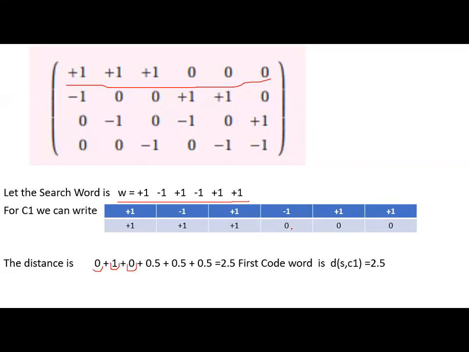Here one of the inputs is 0, so 0.5. Again 0.5, and again 0.5. The total gives you 2.5 for the first code word. So the distance D of S comma C1 is 2.5. Very important, my dear friends.